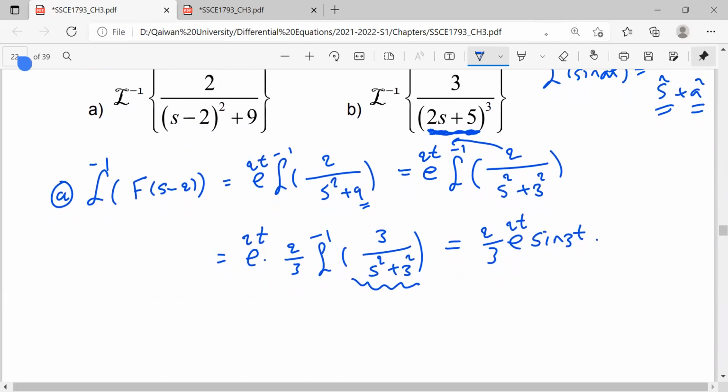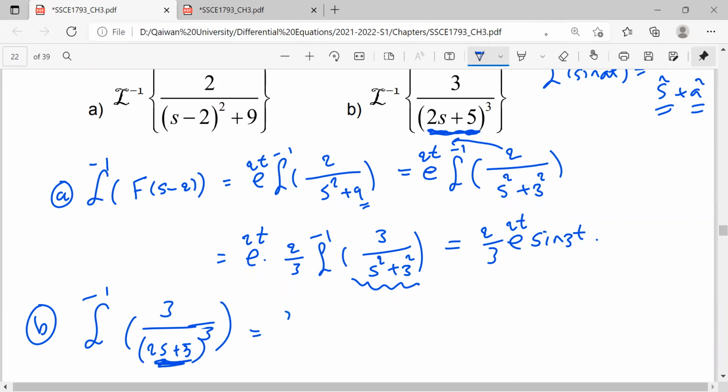Let's do it for b. We say the Laplace inverse of 3 over 2s plus 5 to the power 3. First, we must have s alone without coefficients. That means we must take it as the common. If we take 2 between these two terms, what do we get?